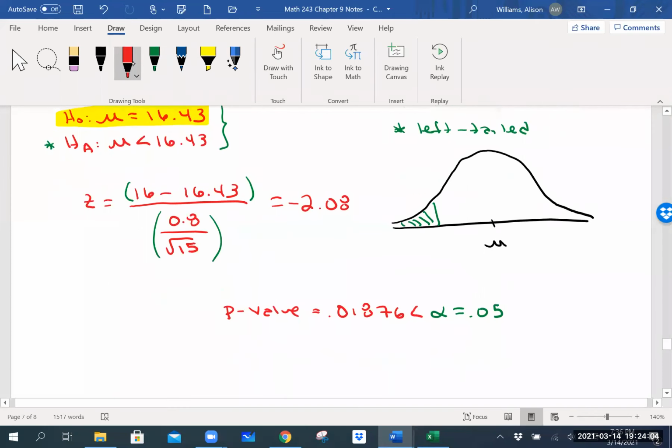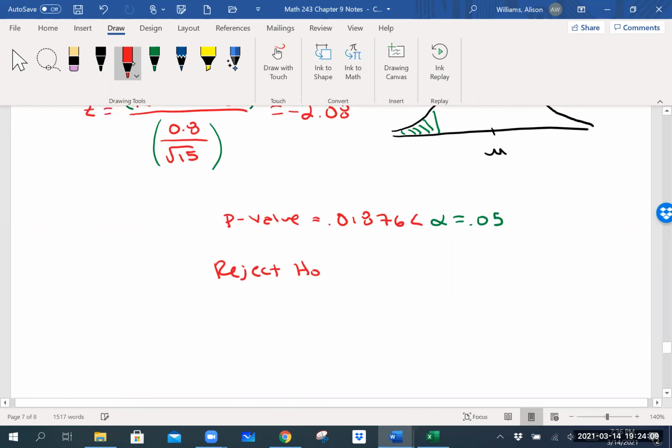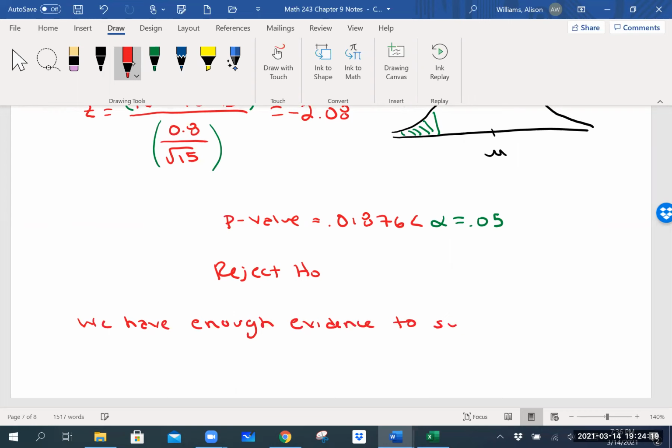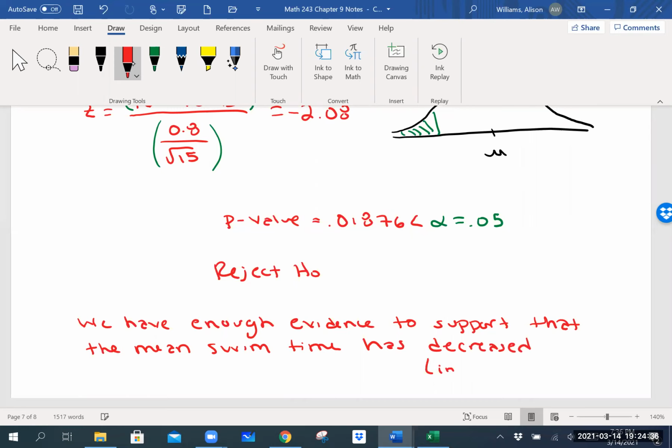Therefore, we're going to reject the null hypothesis, meaning we believe we have enough evidence to support that the mean swim time has decreased or improved, if you want to use the words they used in the problem.